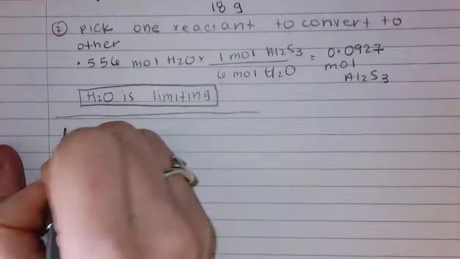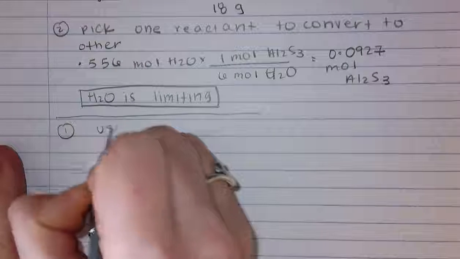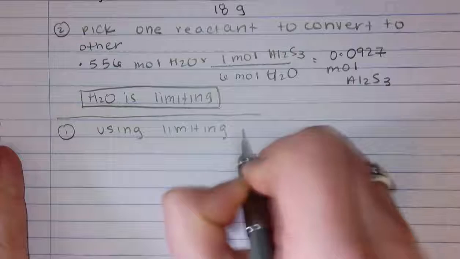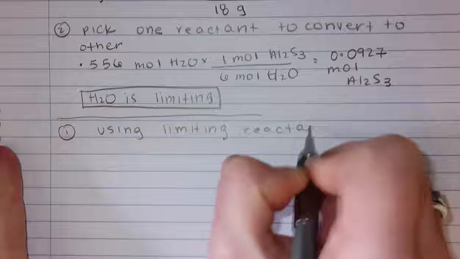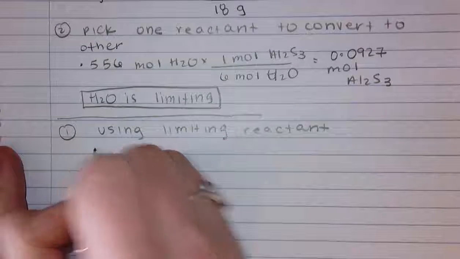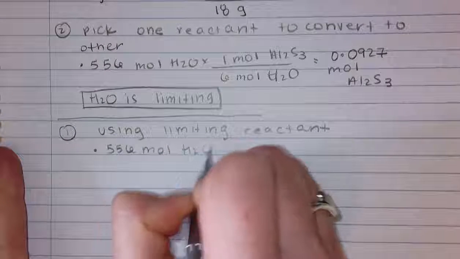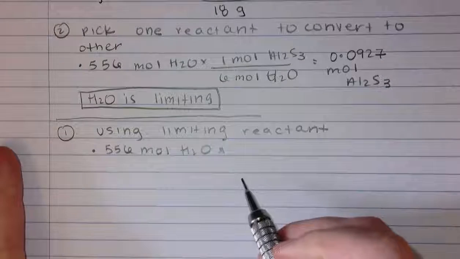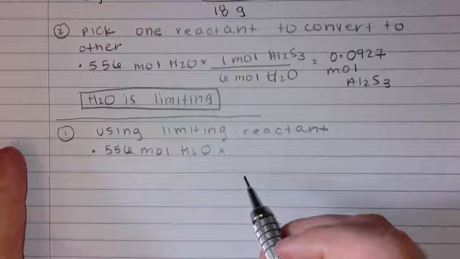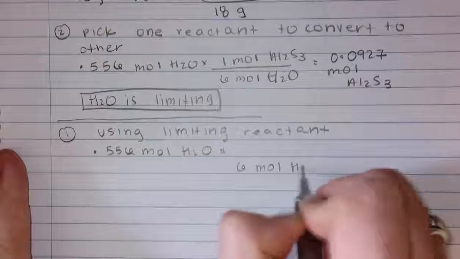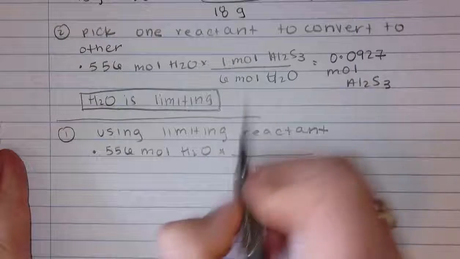So we're going to start by using the information we just found about which is limiting. So we're going to take 0.556 moles of our water, and we're going to convert to moles of hydrogen sulfide, and we're going to do that based on the stoichiometric coefficients of our balanced equation.